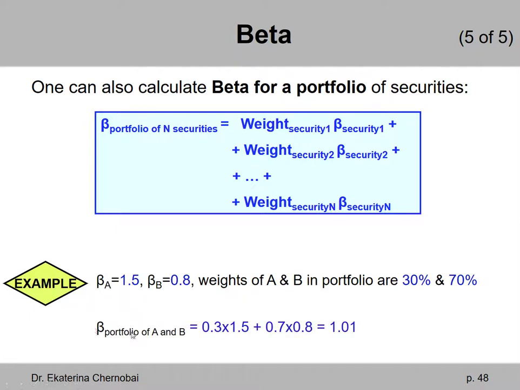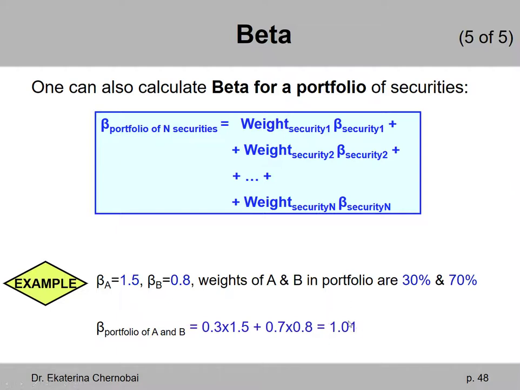The beta of the portfolio of stock A and stock B equals the weight of stock A, 30% or 0.3 in decimals, multiplied by the beta of stock A, which is 1.5 given, plus the weight of stock B in the portfolio, which is 70% or 0.7 in decimals, multiplied by the beta of stock B, 0.8, which is given. The math gives us 1.01.